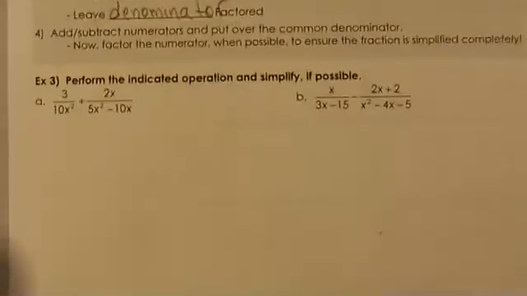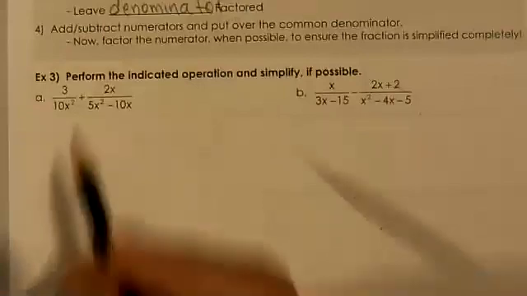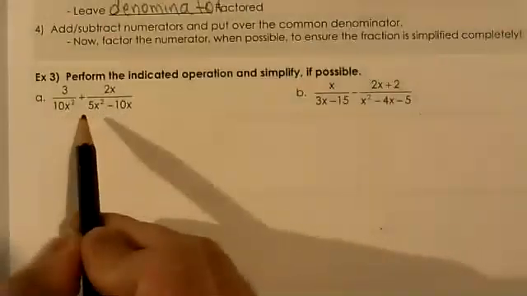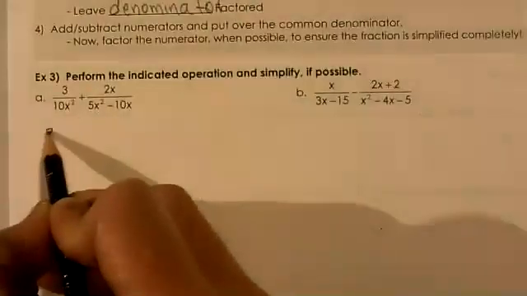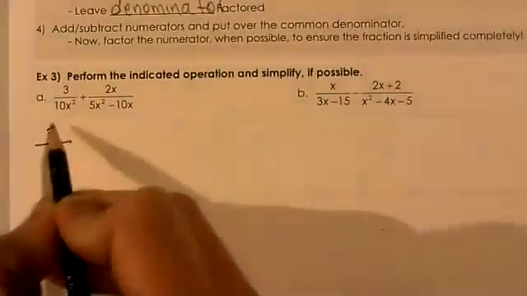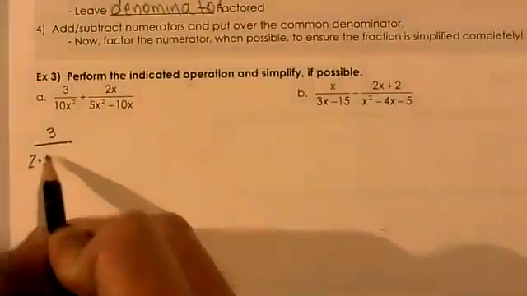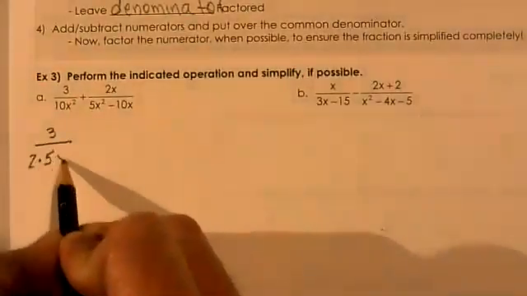So let's give this a try. All right, hang in there. It looks a little crazy. So the first thing you want to do is factor apart. And it might be helpful to really break it all the way down into the prime numbers.